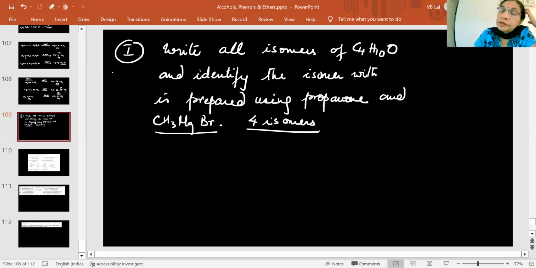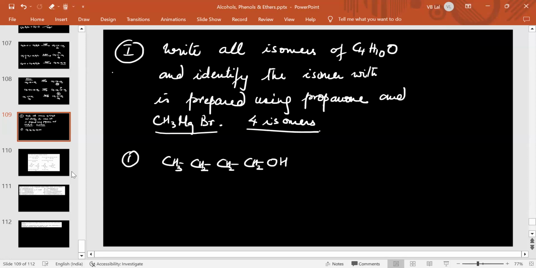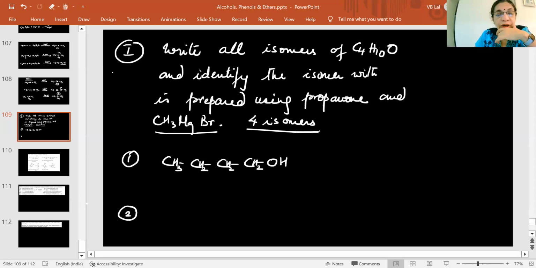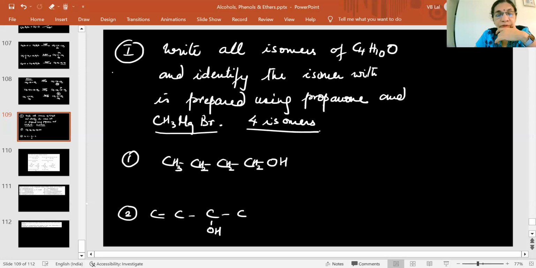How will you write the structures? 4 carbon atoms, right? So the first structure is 1, 2, 3, 4, and you put an OH here. What is the name of this alcohol? Butanol. Which butanol? 1 butanol. Then you can write 2 butanol, right?